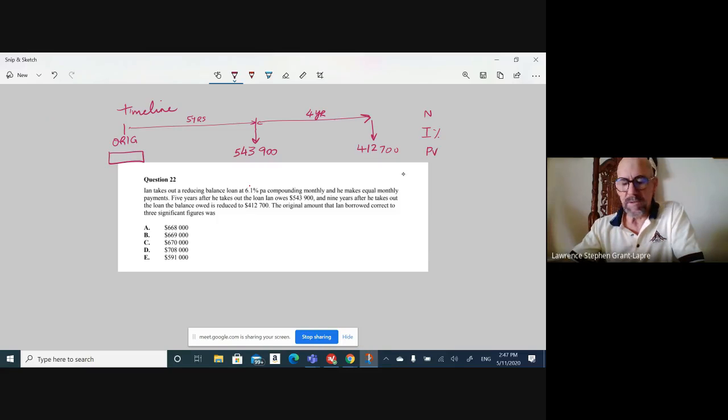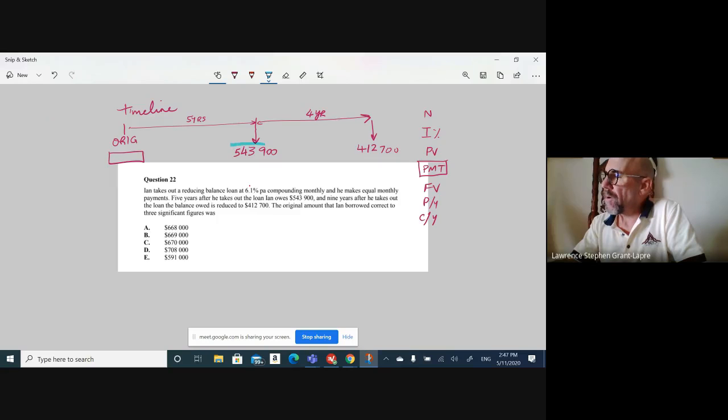present value, payment, which we don't know, and we don't know the original amount. Future value, payments per year, compounding per year. What we do know is this part of the story.